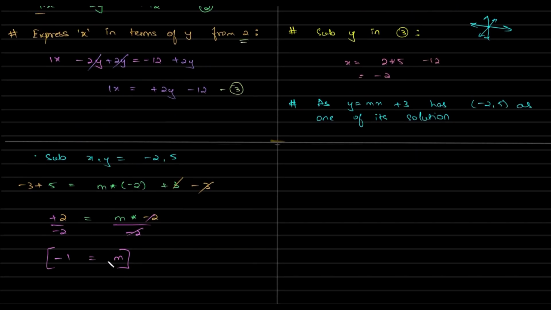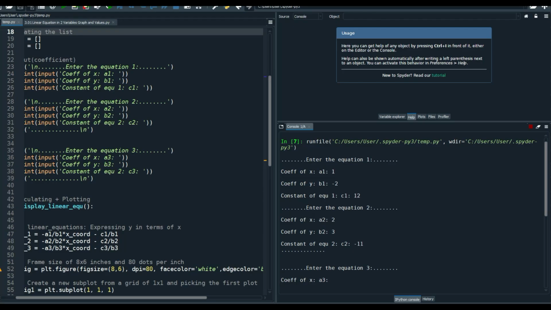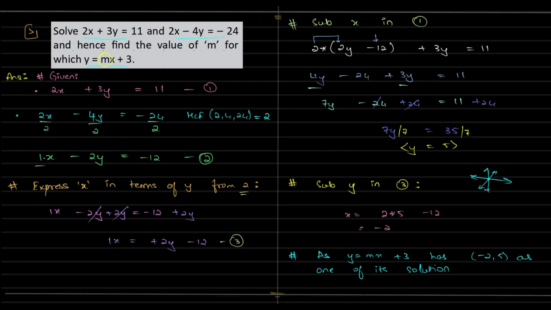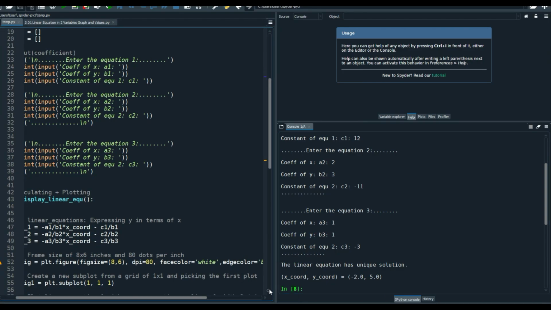We got m to be equal to minus 1. So equation 3 becomes plus 1 and minus 3. Again, do it mentally or do it on paper, but get it right. Plus 1, minus 3. Okay, and we have our plot.